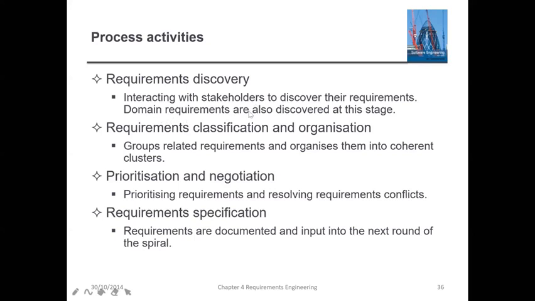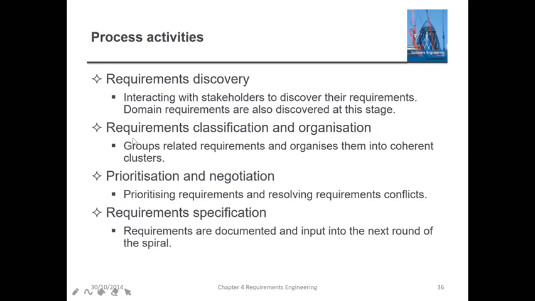Then the domain requirements are also discovered at this stage. Once they discover the minimum requirements, they go to the domain expert stakeholders to find out their requirements. This makes for very effective communication with the customers, to find out all the requirements. They will identify all the requirements inside this requirement discovery.